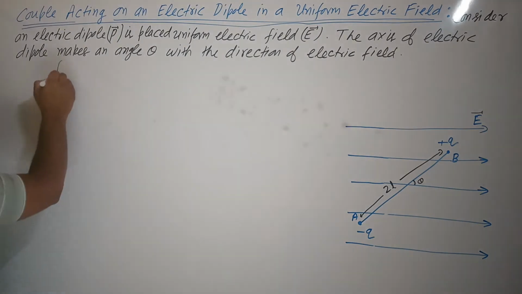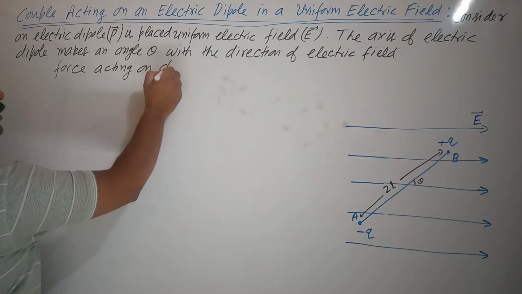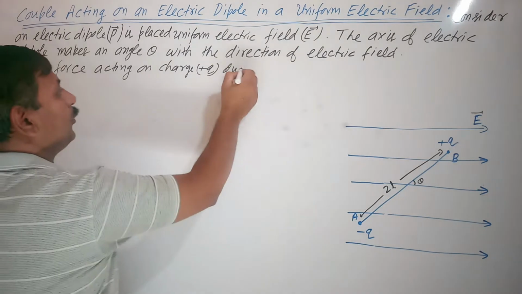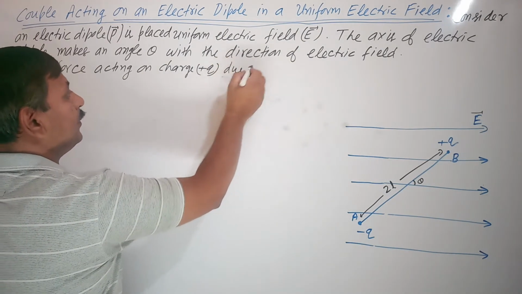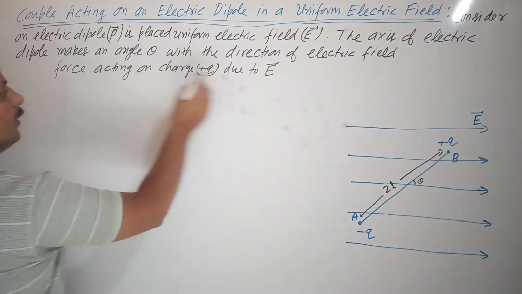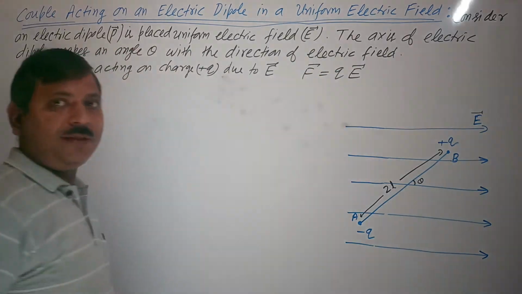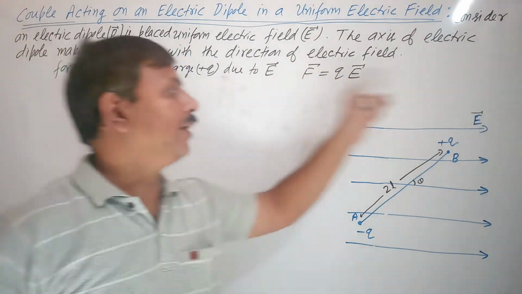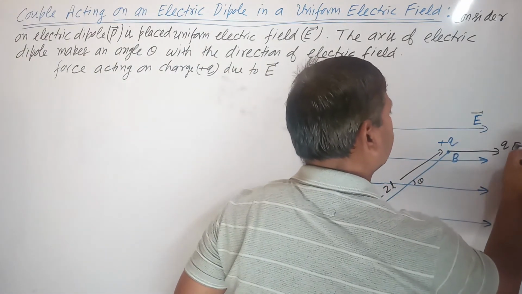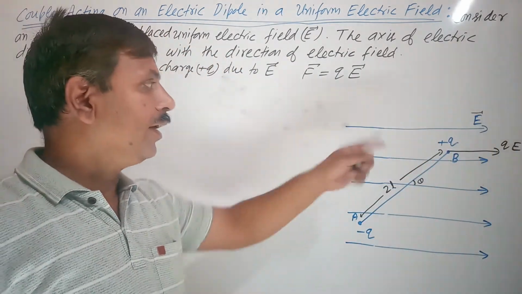The force acting on charge plus q due to field E: this force F is equal to q into E. The magnitude is qE and the direction will be along E, the same as the direction of the electric field.